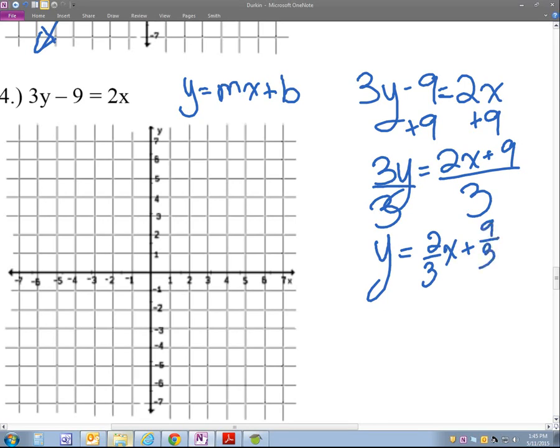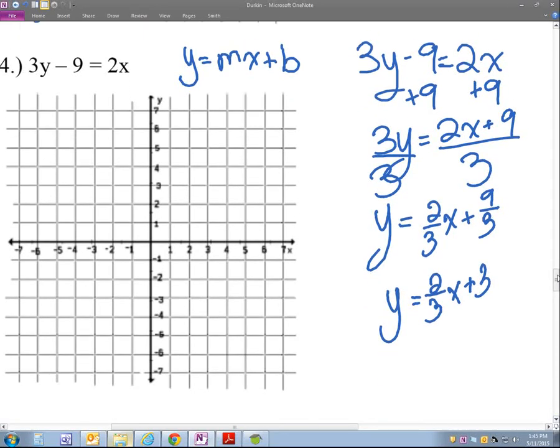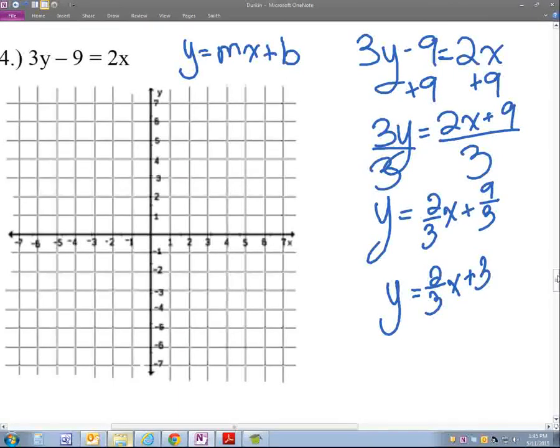And 9 over 3 equals 3. So I have 2/3 x plus 3. Why 2/3 x? Because 2x divided by 3 is 2/3 x.